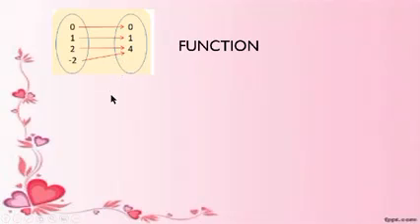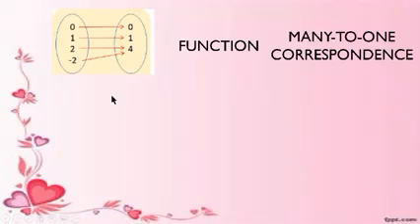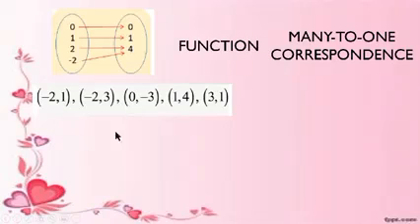Kasi sa function, okay lang maulit-ulit yung value ng y. Huwag lang mauulit-ulit yung value ng x. Ano po? Yan, tag-iisa silang value ng x. Okay, so ang tawag naman dito sa pairing na to is many-to-one correspondence. Yung many, yung 2 and negative 2 kasi parehas ang partner niya ay 4. So, many-to-one correspondence. Next, ito naman, ordered pair naman siya. Is it a function or not?